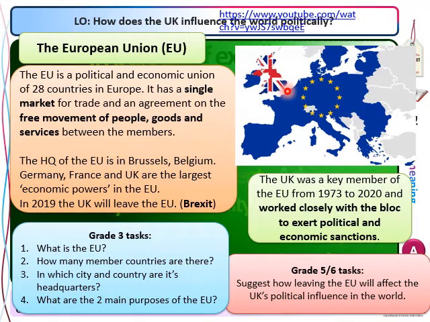And with our allies in Europe, we were able to exert political and economic sanctions on other countries. Sanctions are punishments. So with the EU, we could work together to say, right, we're so unhappy with that, we're gonna hurt your trade, we're gonna hurt your economy, and that's a strategy which countries and blocs of countries can use to influence other countries.